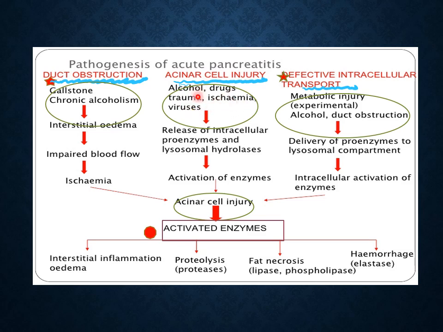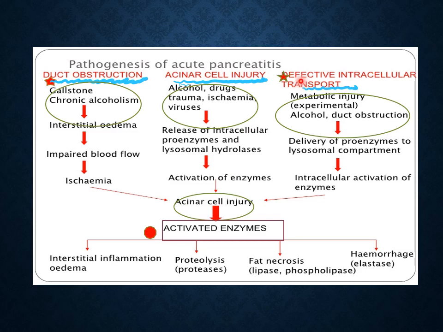These cause direct injury to the cell, and that releases the activated enzymes. Other causes will be pancreatic duct obstruction, such as gallstone obstruction and chronic alcoholism, the two most common causes. These will cause inflammation, ischemia, and further injury to the acinar cells. And this acinar cell injury again activates the enzymes.